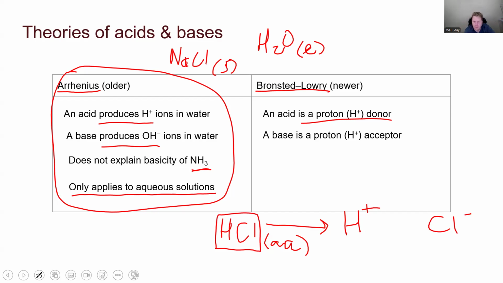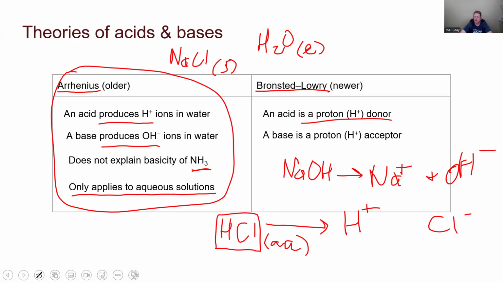Now, if we look at something like NaOH, well, NaOH will separate into two things: Na+ and OH-.